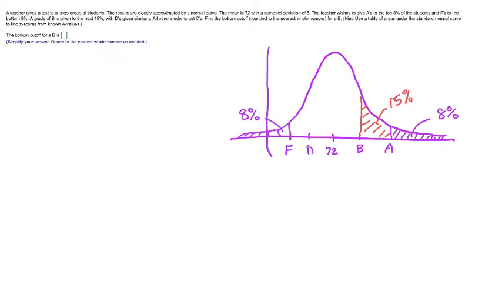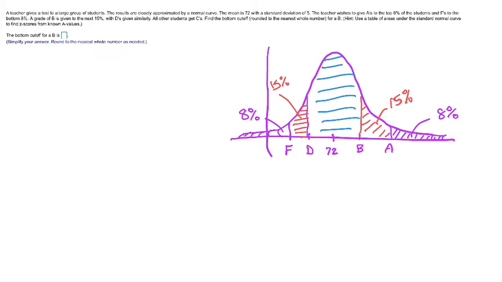Then for the D range, similar to the B range, that range is also going to be 15%. And then finally, the C range is going to be everything else in between, so the rest of our area. And so what we're asked to do in this case is to find that bottom value for the B range.